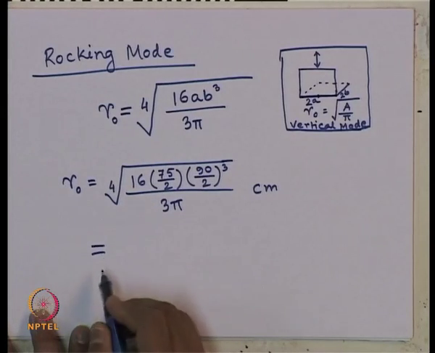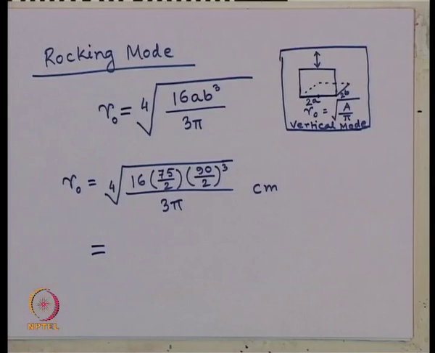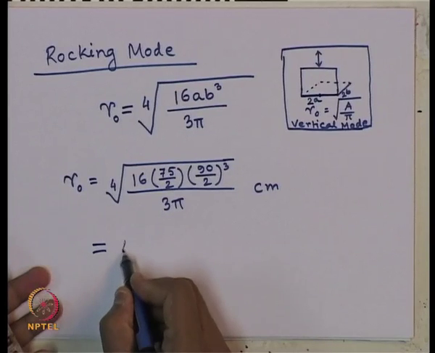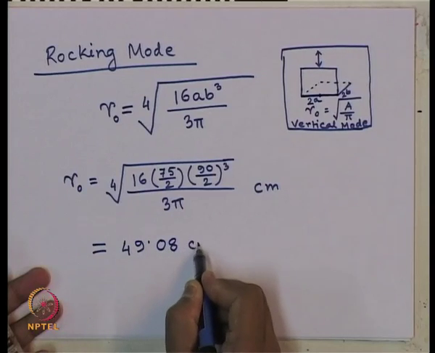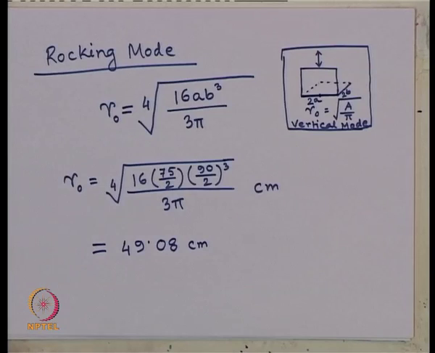So, if you compute this, how much we are getting R naught? R naught is coming as 49.08 centimeter. So, check with our yesterday's or previous lectures calculation, what we got in our previous lecture. R naught for vertical and horizontal mode of vibration, it came about how much?